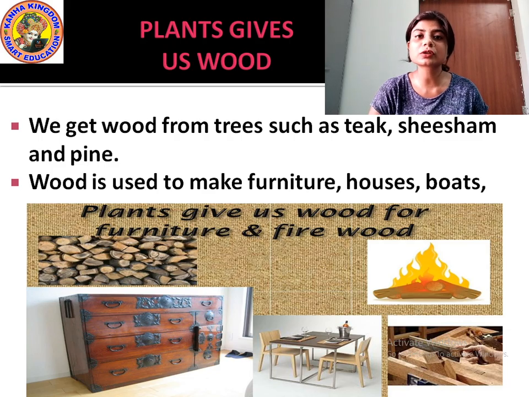This wood is also used for making houses, boats, carts, etc. All these things are made using wood, obtained from plants. The trees that give us wood are teak, sesame, pine, etc. These big trees are cut down to get wood.